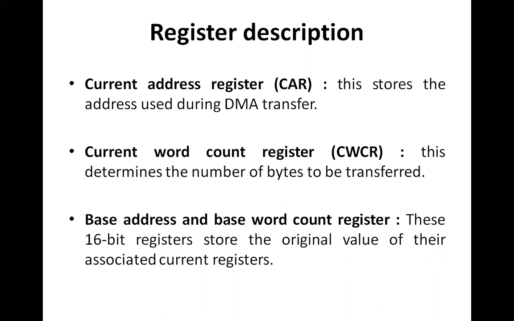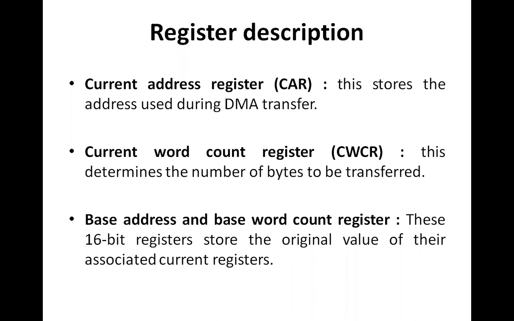So we must know the address of that memory from where we want to transfer the data. In DMA operation, it is also necessary to know how many bytes have to be transferred, whether 10 bytes, 20 bytes, or 100 bytes. That value is stored in the word count register.